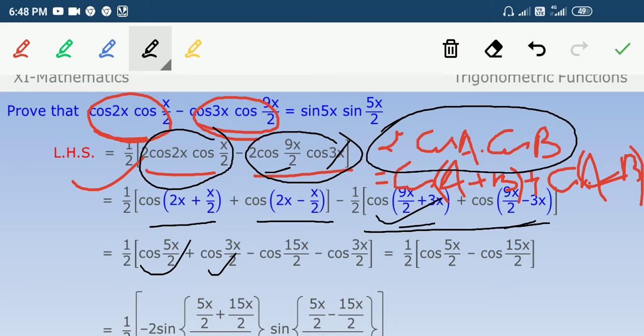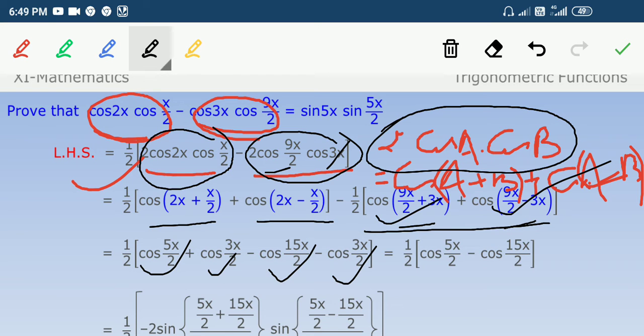9x by 2 plus 3x, how much will it be? 9 by 2 is 4.5, and plus 3 is 7.5, meaning 15 by 2 x. Here I have written 15 by 2 x. Again minus: 9 by 2 is 4.5, 4.5 minus 3 is 1.5, meaning 3 by 2.